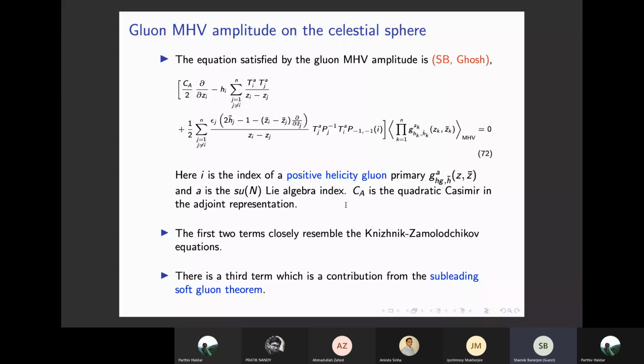So that is essentially the case for the gluons, and at least in principle, you can solve them to get the gluon amplitudes in the MHV sector. The interesting point is that you get something extremely similar to the Knizhnik-Zamolodchikov equations, except this third term, which essentially says that you have one more factorization, the subleading soft gluon.